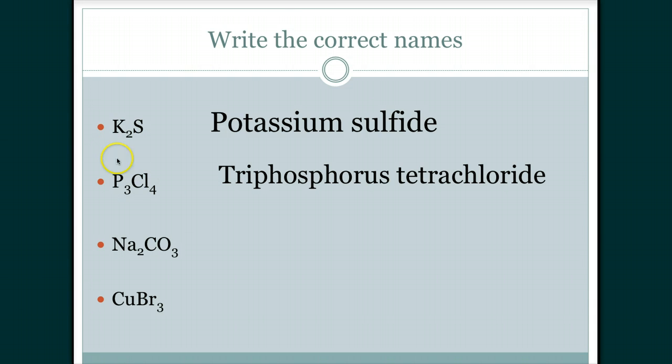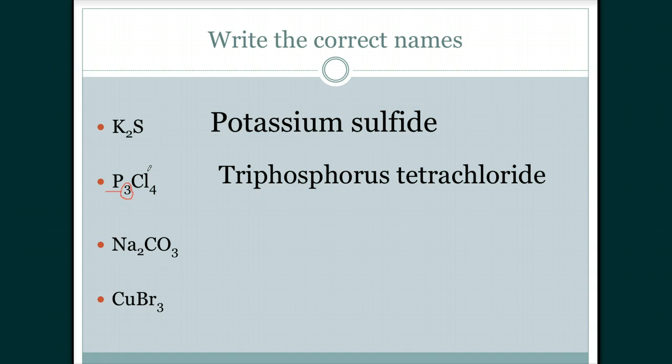Then right here, this is not an ionic compound. So this brings us back to covalent compounds. And remember, in covalent compounds, the first element you say the way it is, but you put a prefix in front of it. So triphosphorus, and then we need to put the prefix for 4, which is tetra, and this is chloride.